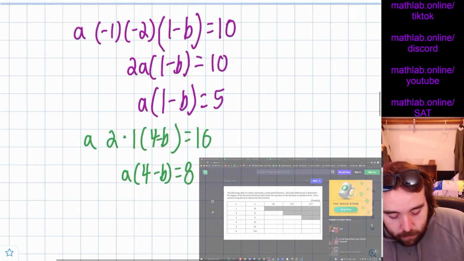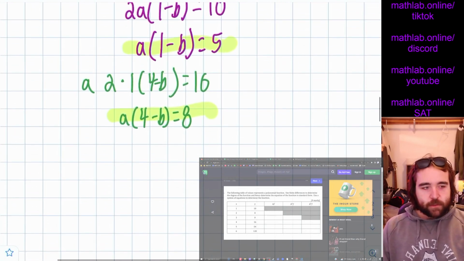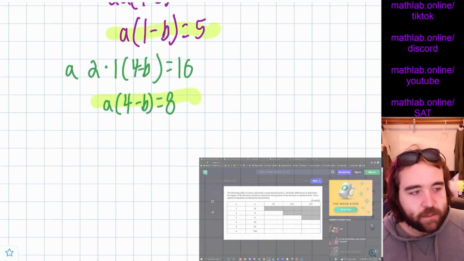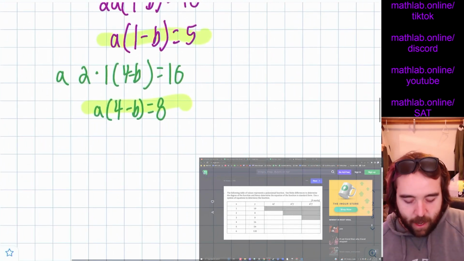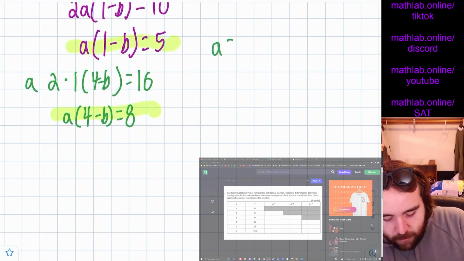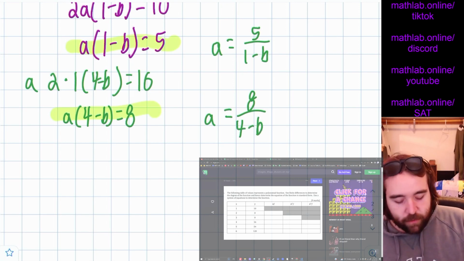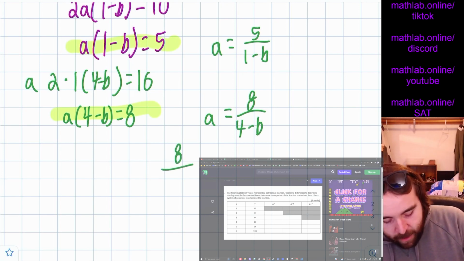So now we have two equations and two variables, so we can solve for them. And you can do this in a multitude of ways, I'm sure. I'm going to use substitution, so I'm going to solve both of those for a. We'll make that a equals 5 over 1 minus b, and that a equals 8 over 4 minus b. So then now we can do a substitution and solve for b.